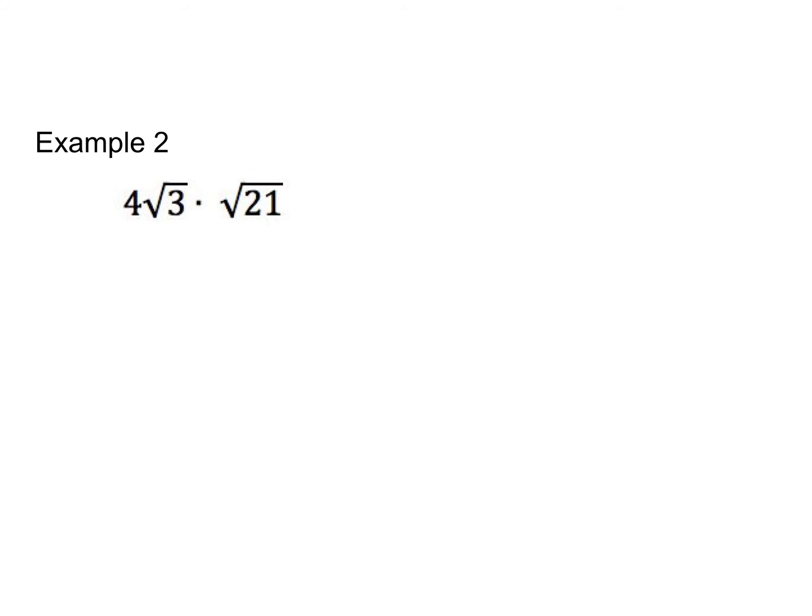Let's go ahead and we have 4 square roots of 3. And then we have a square root of 21. So that's like 1 square root of 21. We're going to combine our coefficients together. So we're going to say 4 times 1. And then we're going to put the 3 and the 21 together underneath the square root sign. So I'm going to simplify even further the 21. So again, I want to pull out a perfect prime.